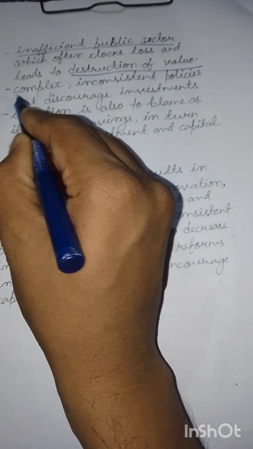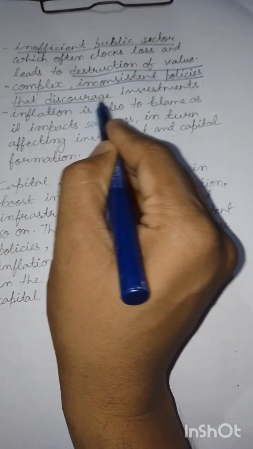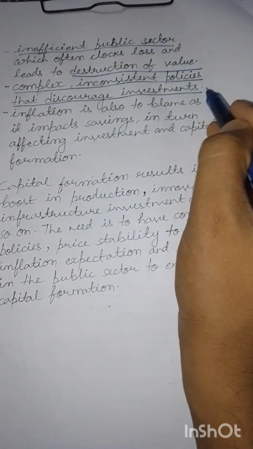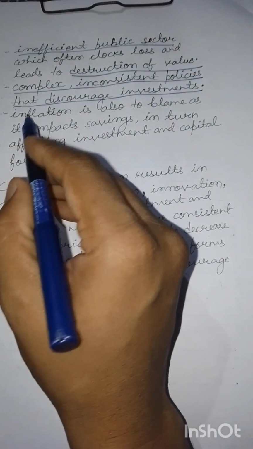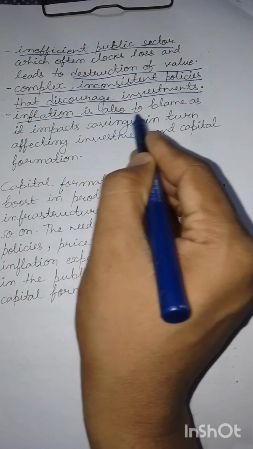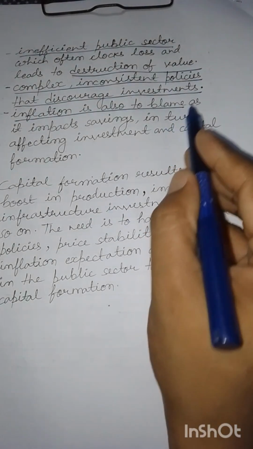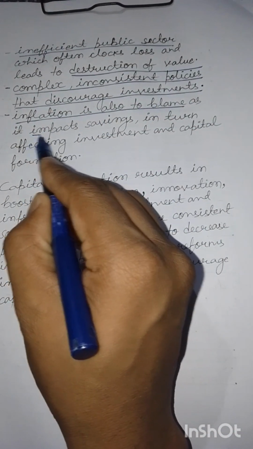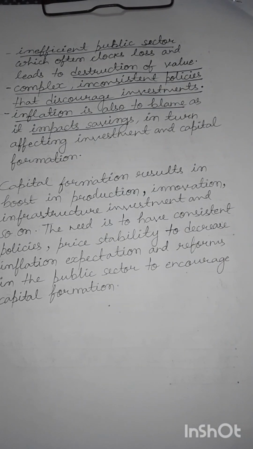Complex, inconsistent policies that discourage investments. We know that many projects are stuck because there is no consistency in the policy. Now, this point is also important. Inflation is also to blame as it impacts savings, in turn affecting investment and capital formation. What actually happens?